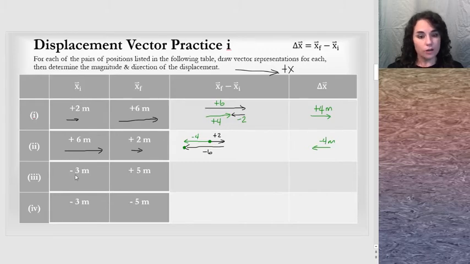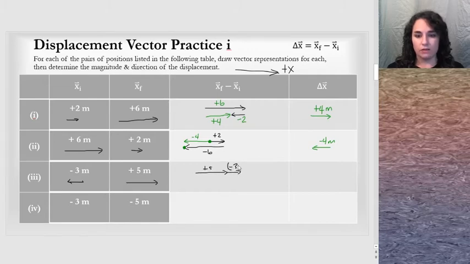Okay, here I go from negative 3 to plus 5. I'm moving a pretty long direction over the origin here, right? I have a negative 3 and then a plus 5. Well, when I take a plus 5 and I subtract off a negative 3, that would actually be... Sorry, that was a little long.